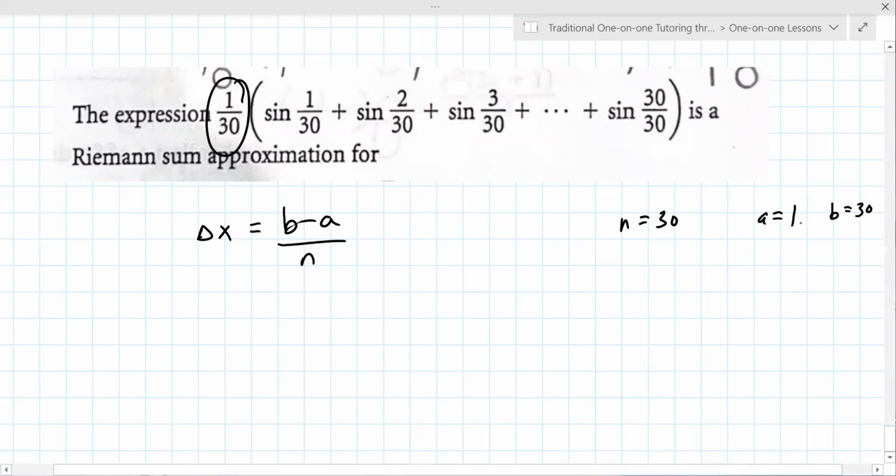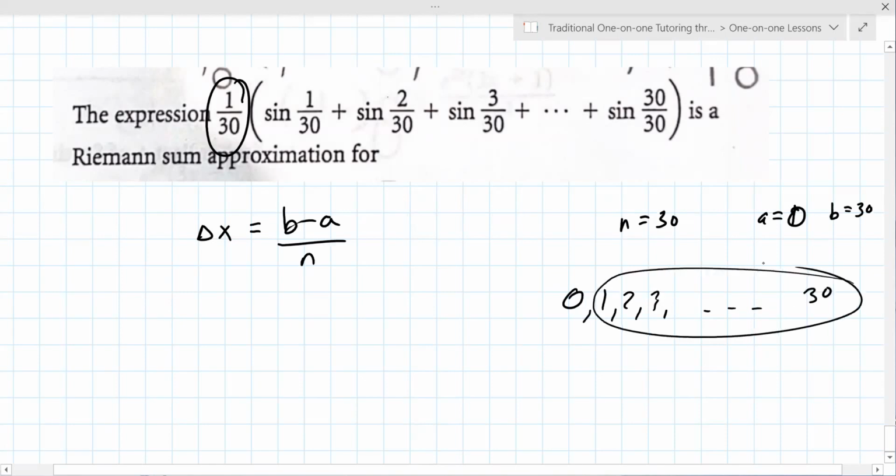Oh, I'm sorry, it starts at 0. So this is a right sum, because if you remember, we said write all the numbers out, all the way up to 30. But then if you start at 1, you use that. But why is there a 30 in the bottom?